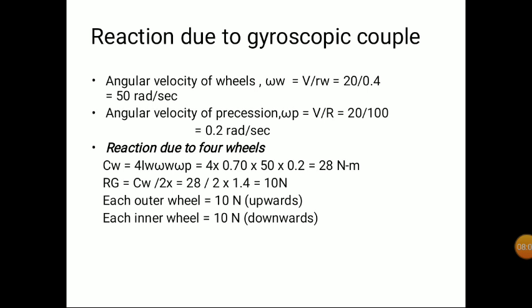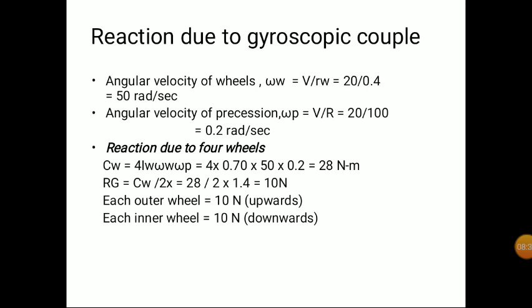So what is the gyroscopic reaction? Gyroscopic reaction means C omega by 2. Why 2? Because we are finding it for each outer wheel and each inner wheel.